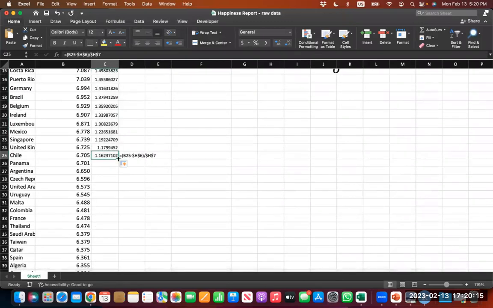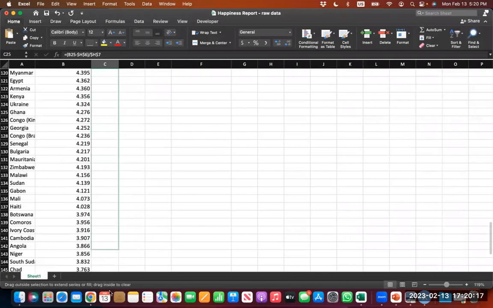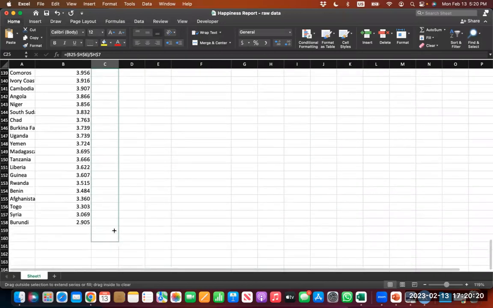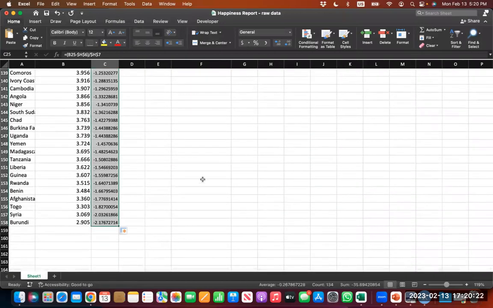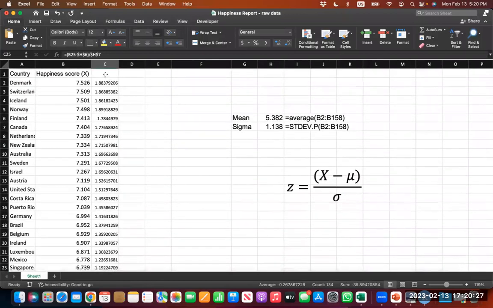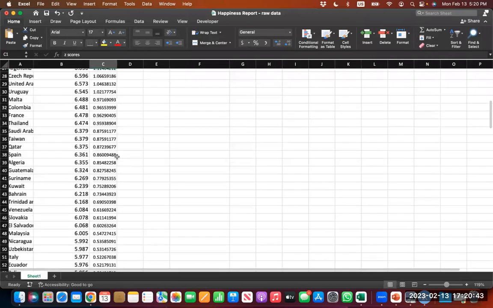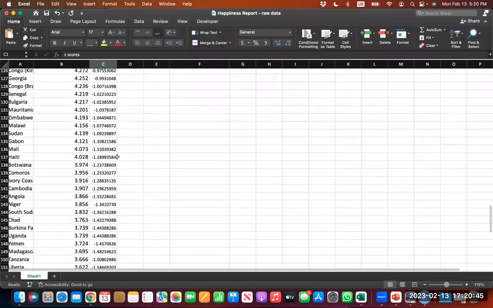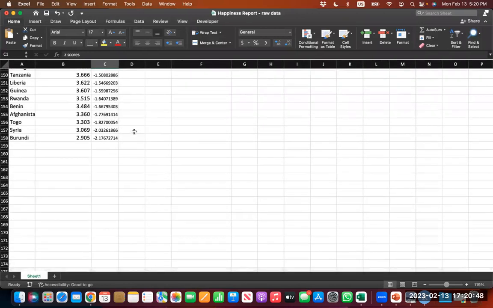Everything below Turkey and Indonesia will be negative because it's smaller than the mean. So these are Z-scores, giving you all the Z-scores for the entire board. You can pull this formula all the way down and get each individual Z-score.